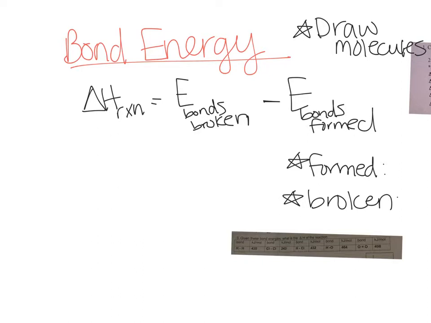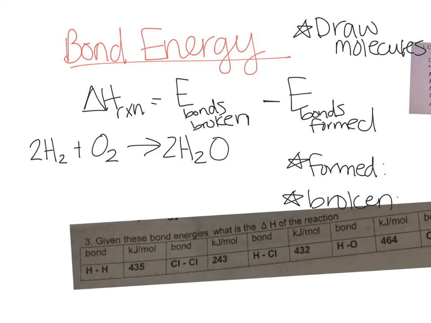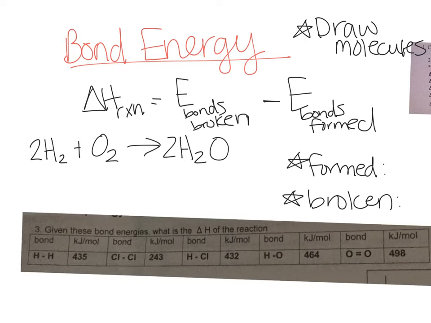Okay, so what we've got, for example, if I had the synthesis of water. Okay, the synthesis of water. We would look at this, and I would be giving you a table that looks like this, okay, or it might be a vertical table.